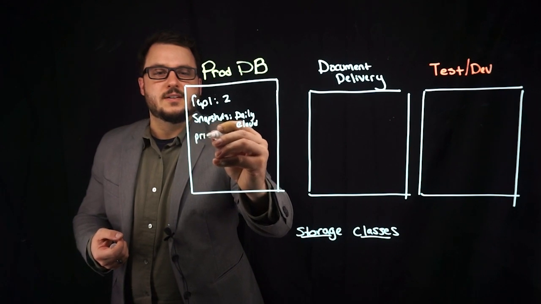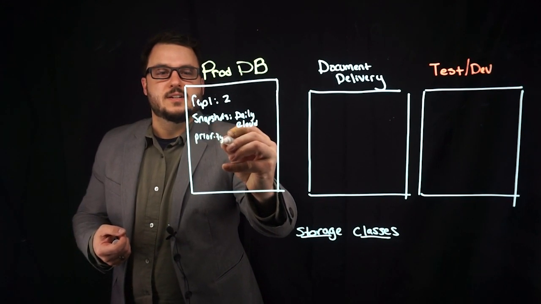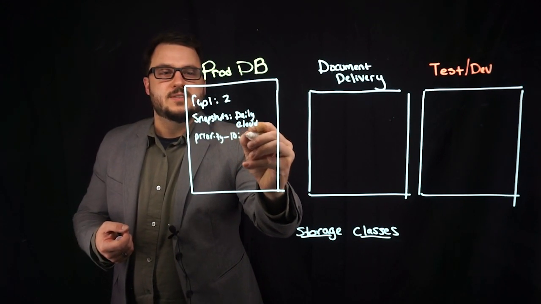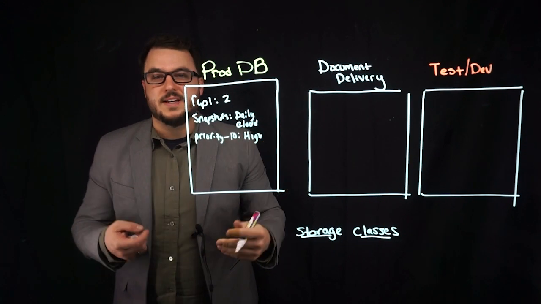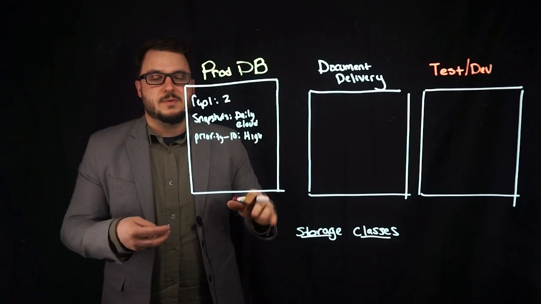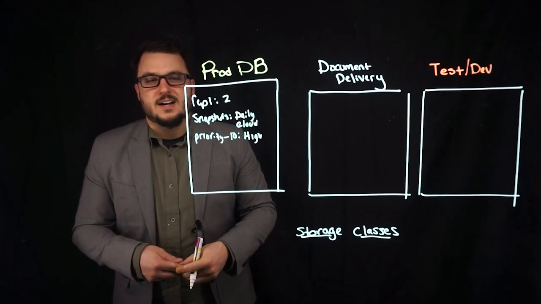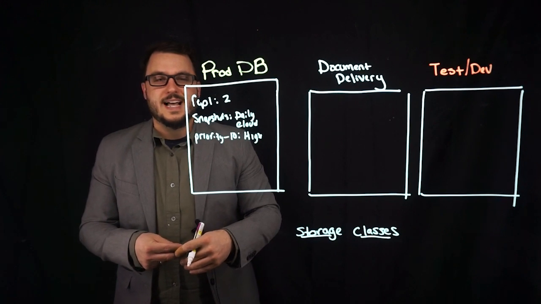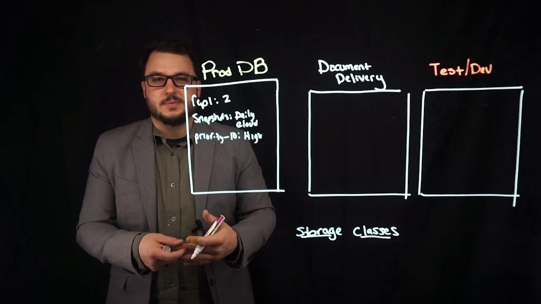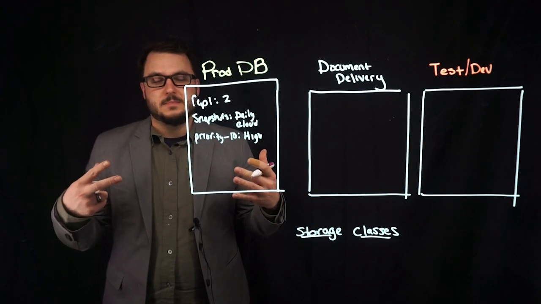We're going to set our priority IO to high, meaning that if we have SSDs or NVMEs on our host, we want to make sure our data lands on the high priority IO class of storage because it's a production database. We want this thing to be performant.